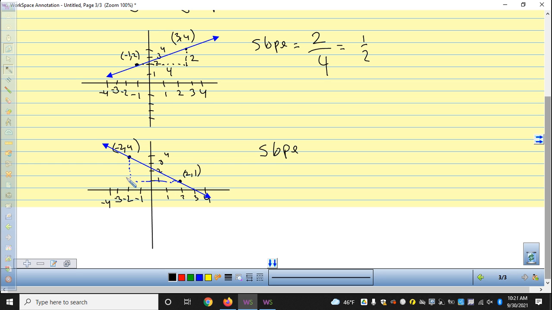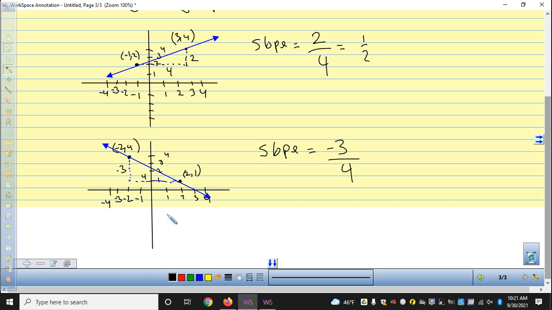If I'm going down 3, what am I going to call my rise? -3. Since I'm going down, I call it negative. And my run, 1, 2, 3, 4. So -3 over 4. If I'm going down, my rise is going to be negative.